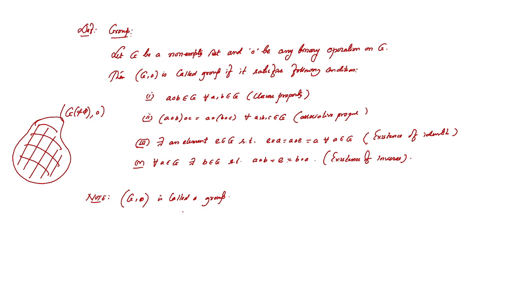Now we'll give some examples of groups, but before that, there is another important note. If only the closure property holds, then it is called a groupoid. Closure plus associative is called a semigroup, and closure plus associative plus identity comes under monoid. So only closure implies groupoid.